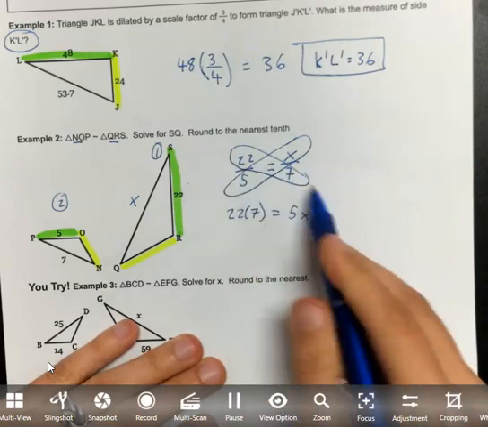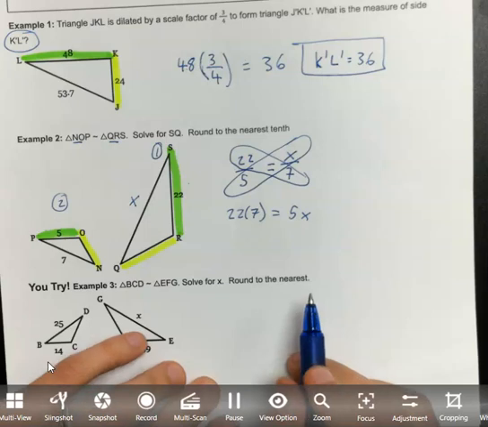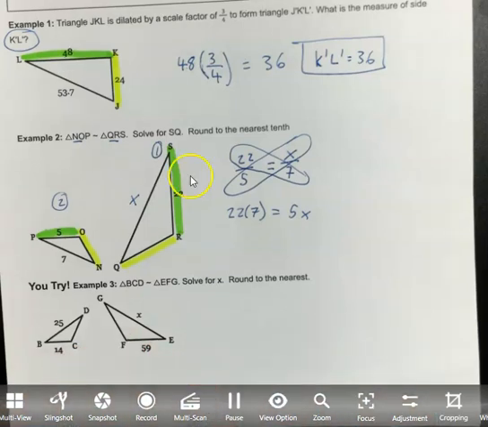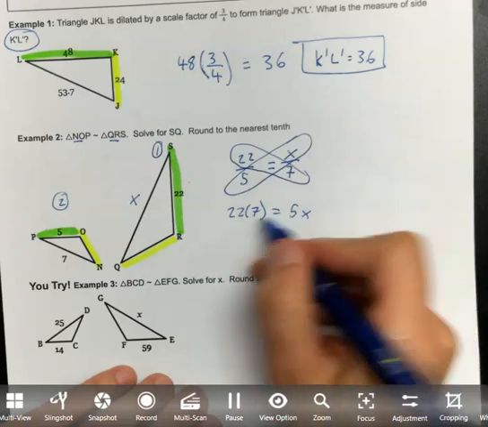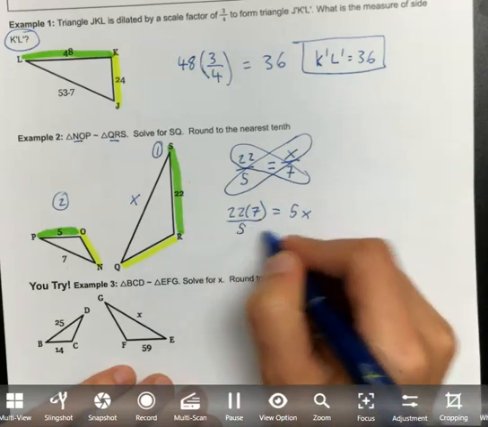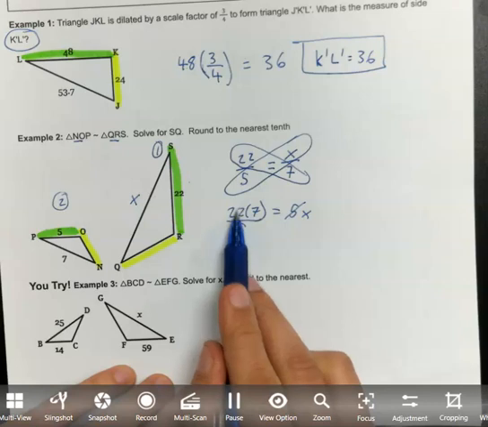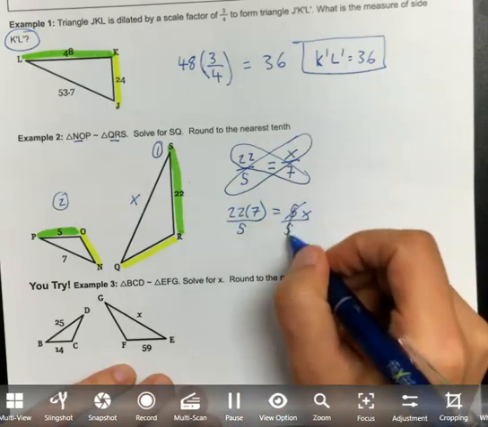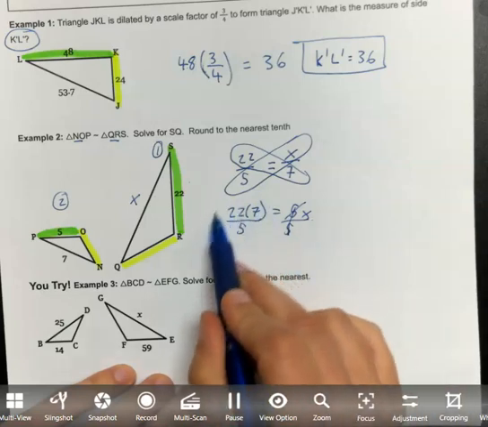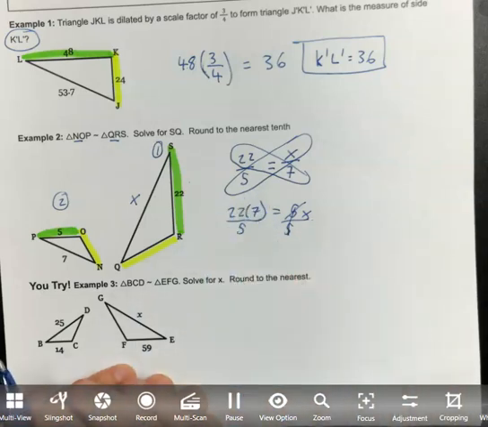From here, to get x by itself, we have to divide by 5 on both sides. Now this is what I can put in my calculator.